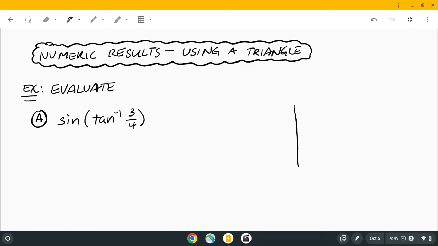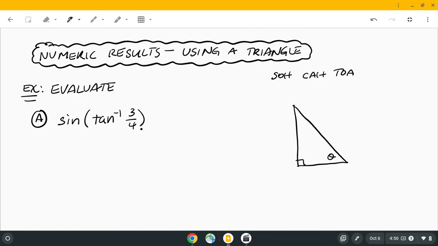So what I'm going to do here is draw a right triangle. I'll use theta for my angle. What I do know is that tangent of that angle is 3 over 4. And if you remember SOHCAHTOA, tangent is opposite over adjacent. So the opposite side must be 3 and the adjacent side must be 4.